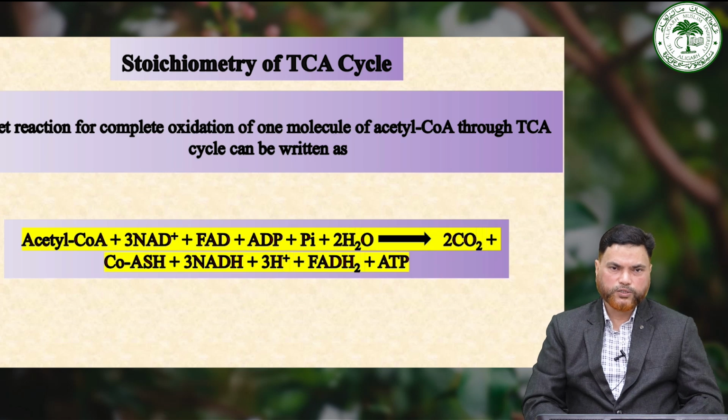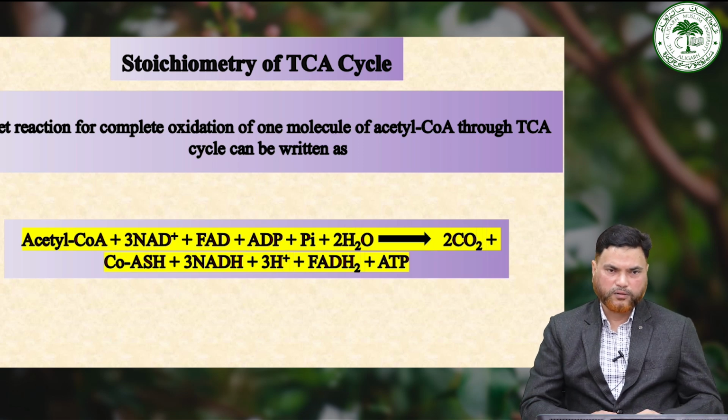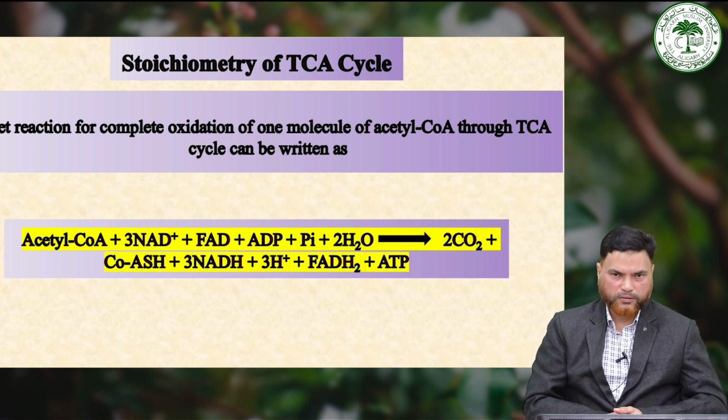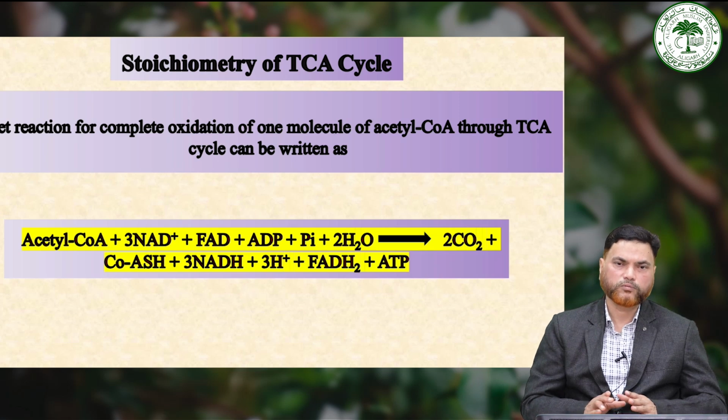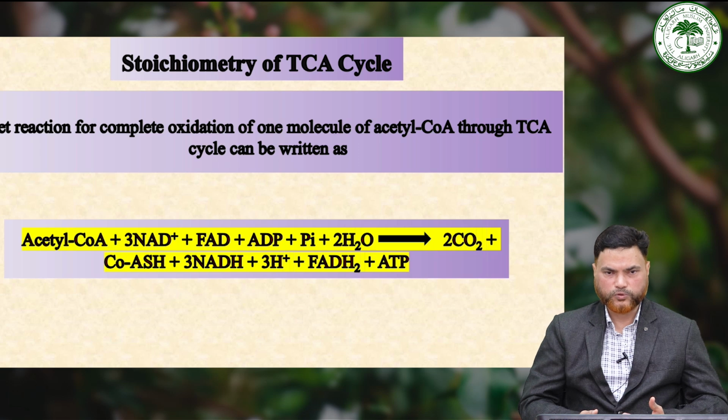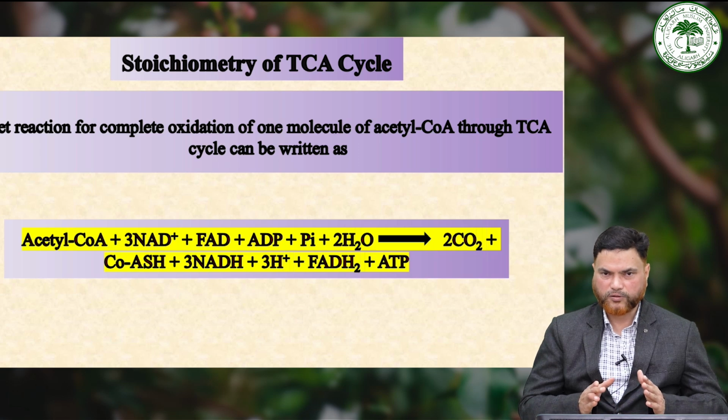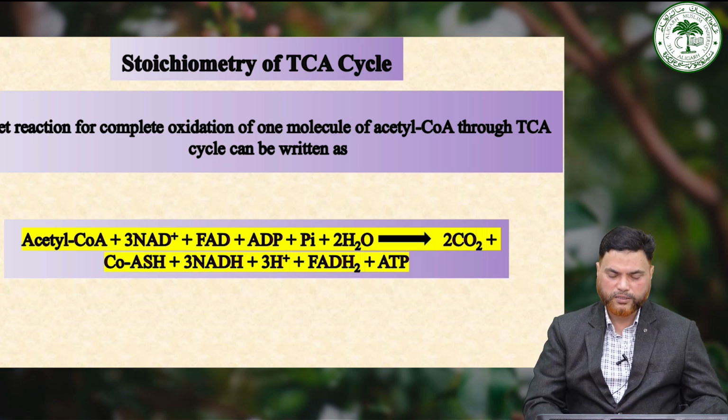Now, what is the stoichiometry of the TCA cycle? This shows how acetyl coenzyme A is converted to release NADH, FADH2 and ATP. So this slide is very important in this regard.